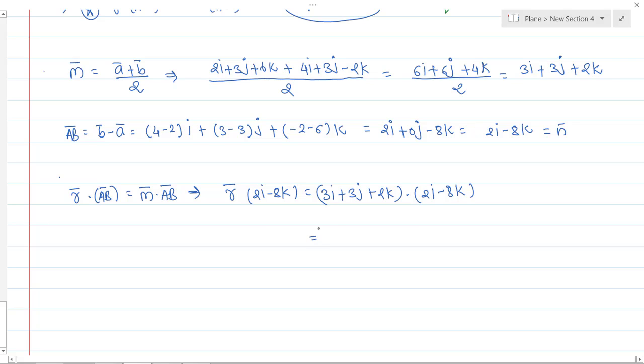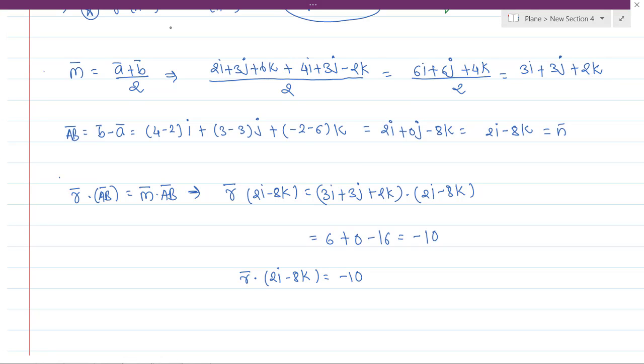Let's solve this. 3 into 2 is 6, we have j 0, and 2 into minus 8 is minus 16, which equals minus 10. So R bar dot 2i minus 8k equals minus 10. This is our final answer.